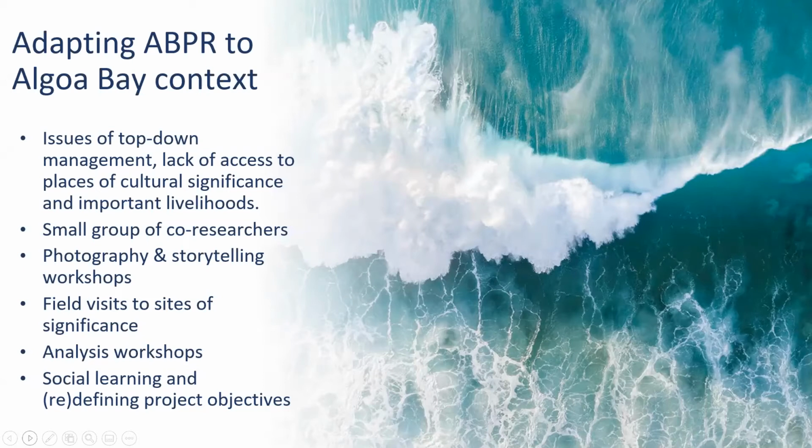So from initial secondary research and outreach to local communities in the Bay, we found issues of top-down management, exclusion from decision-making, lack of access and exclusion from places and spaces that have cultural significance related to intangible cultural heritage and or are important fishing grounds.